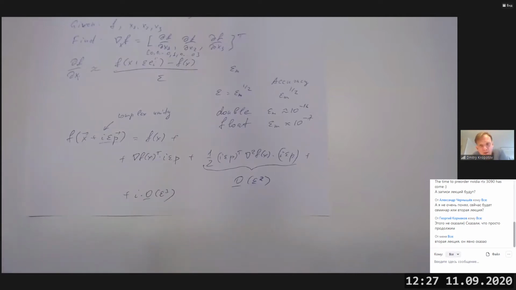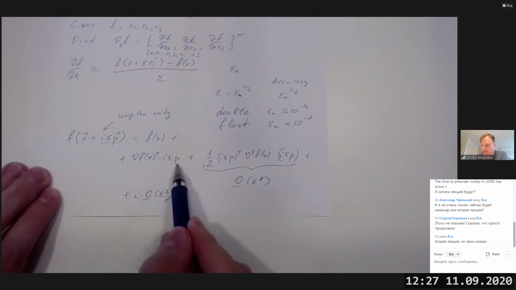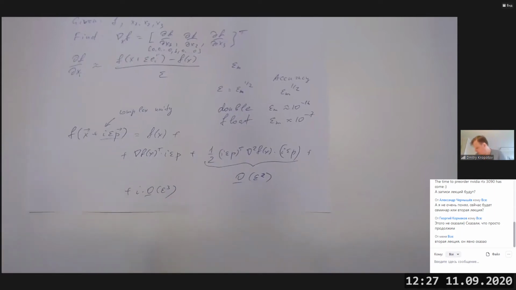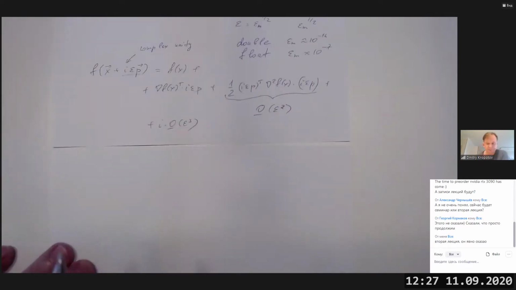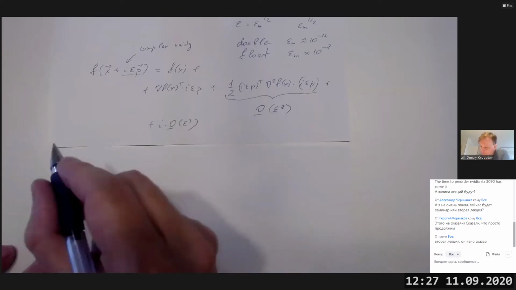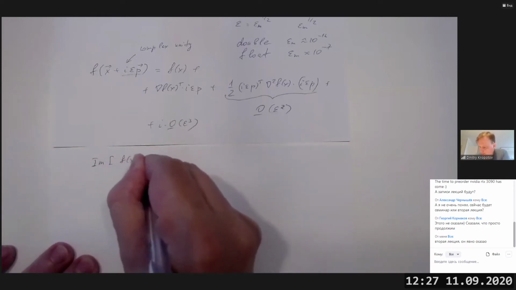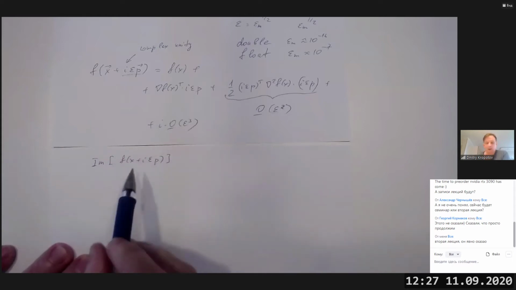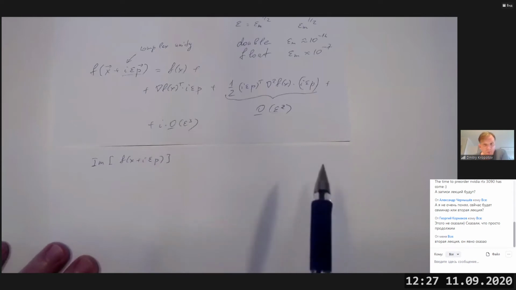And what we need here is to extract this term, the gradient times p, in order to calculate it using finite difference. So let's do this. First of all, let's take the imaginary part from this Taylor expansion. What would we get?